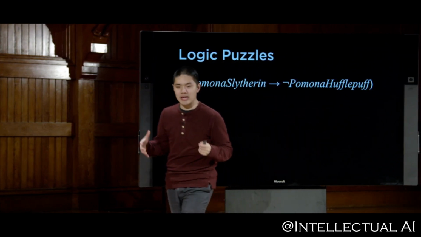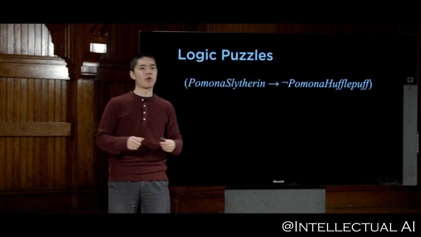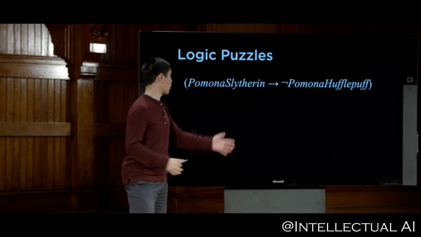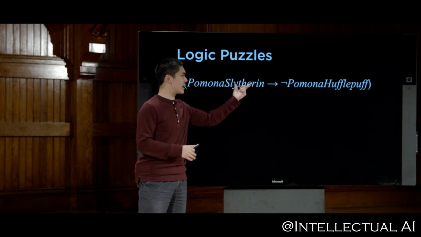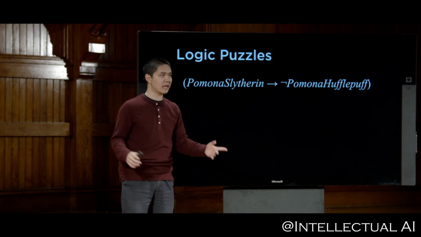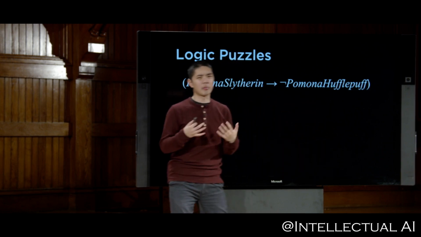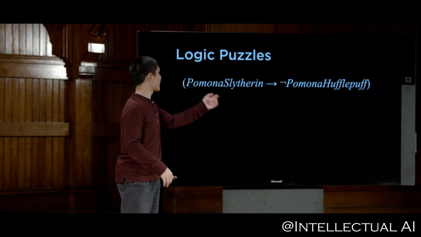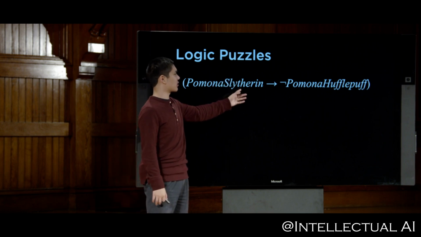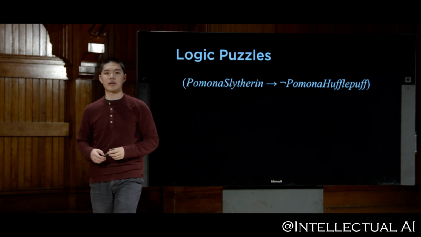If Pomona is in Slytherin, then we know that Pomona is not in Hufflepuff. And we know this for all 4 people and for all combinations of houses, that no matter what person you pick, if they're in one house, then they're not in some other house. So I'll probably have a whole bunch of knowledge statements of this form.